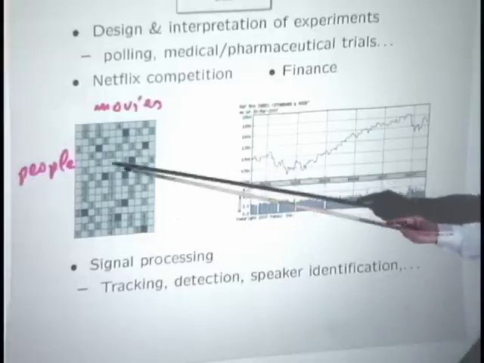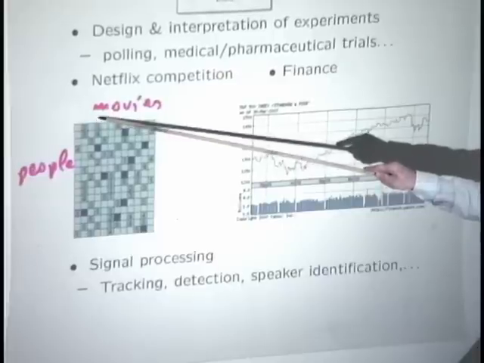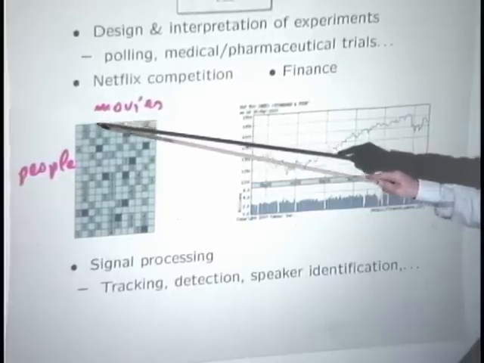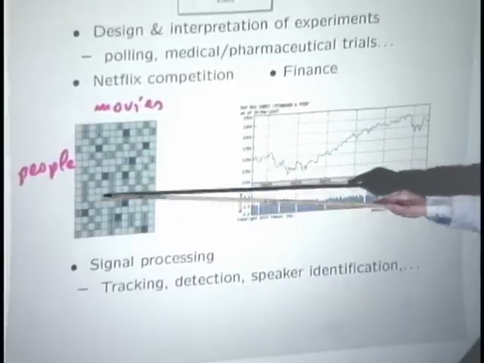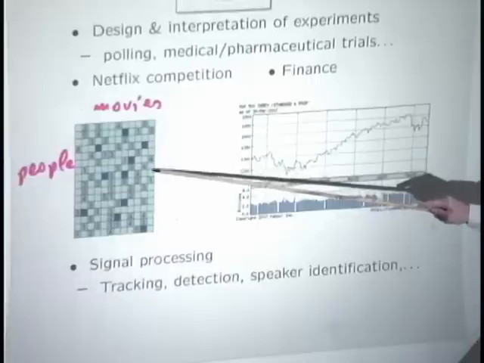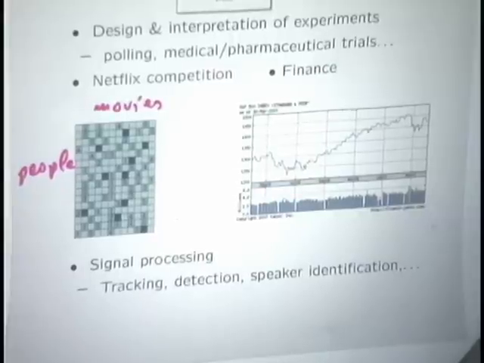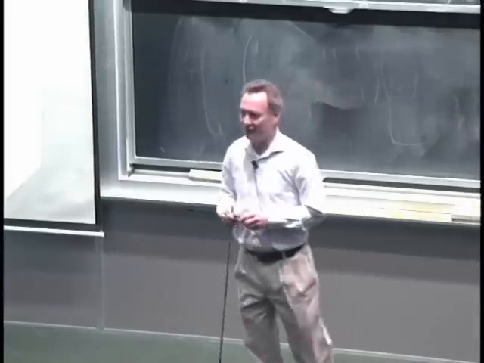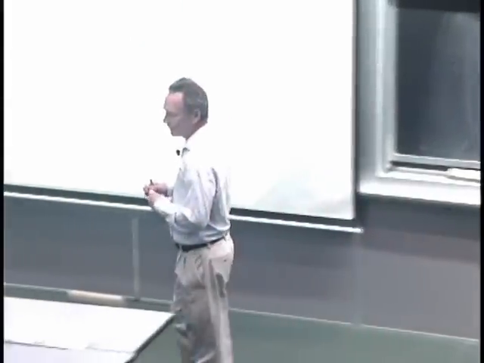So this means trying to guess, this person here, how much would they like this particular movie? And you can start thinking, well, maybe this person has given somewhat similar ratings with another person. And if that other person has also seen that movie, maybe the rating of that other person is relevant. But of course, it's a lot more complicated than that. And this has been a serious competition where people have been using every heavy machinery that there is in statistics, trying to come up with good recommendation systems.